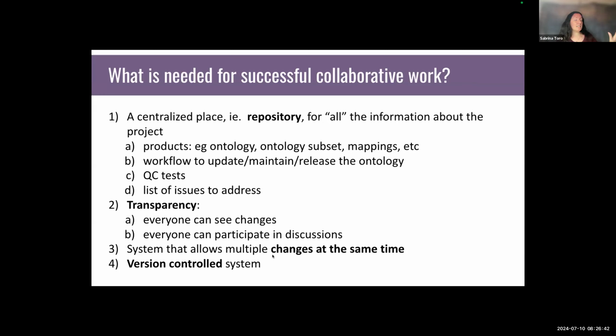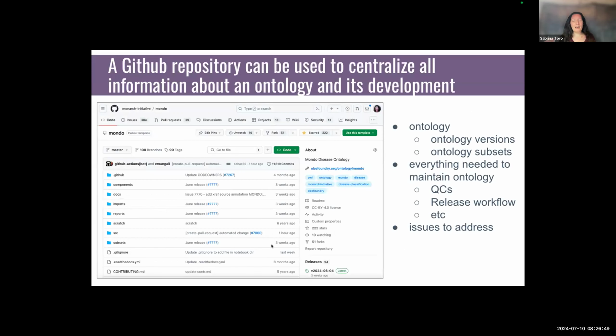So what fulfills all of these, let's call it requirements, is the use of GitHub. You have probably heard we have a GitHub repository for this project. All the OBO ontologies are in GitHub, and they each have a repository. This is a screenshot of the repository from Mondo, and you can see that this repository has everything that you need in order to work on Mondo, in order to maintain Mondo.